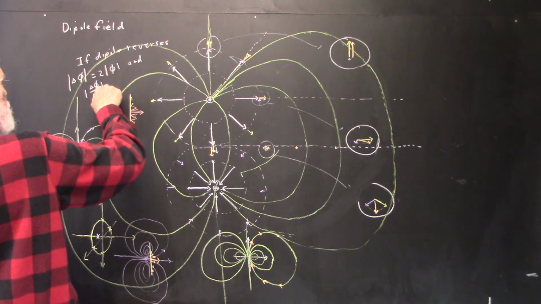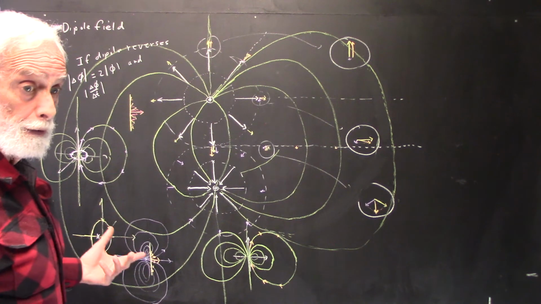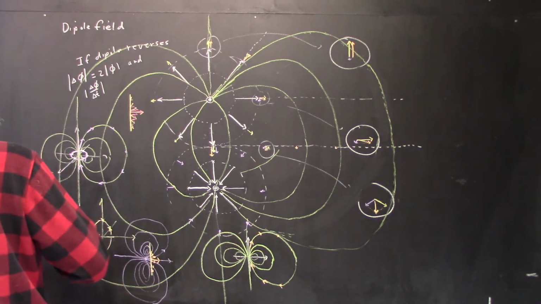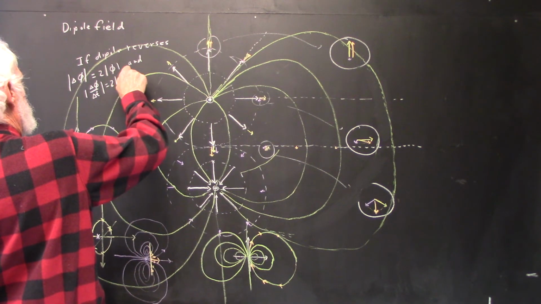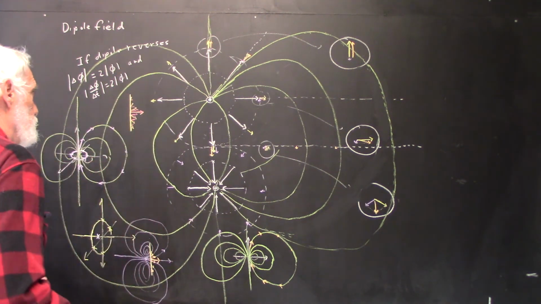And the magnitude of change of flux over delta T will be double the magnitude of the flux.